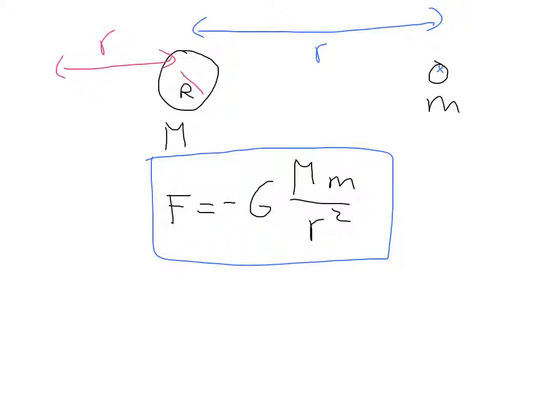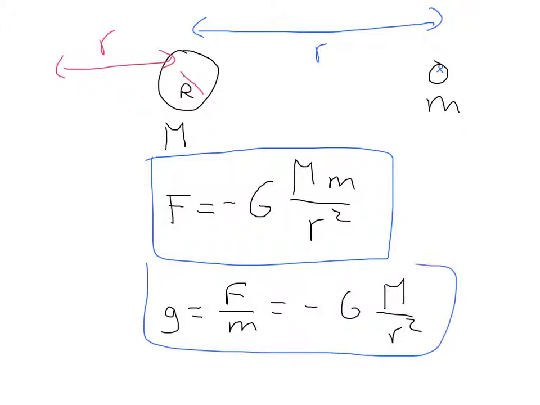And since the gravitational field is just the force per unit mass, we had that g was the force divided by the mass of the guy that I put in here, and therefore was equal to minus G M divided by r squared. And hopefully everybody remembers this. So the field, remember, was defined as the force per unit mass.